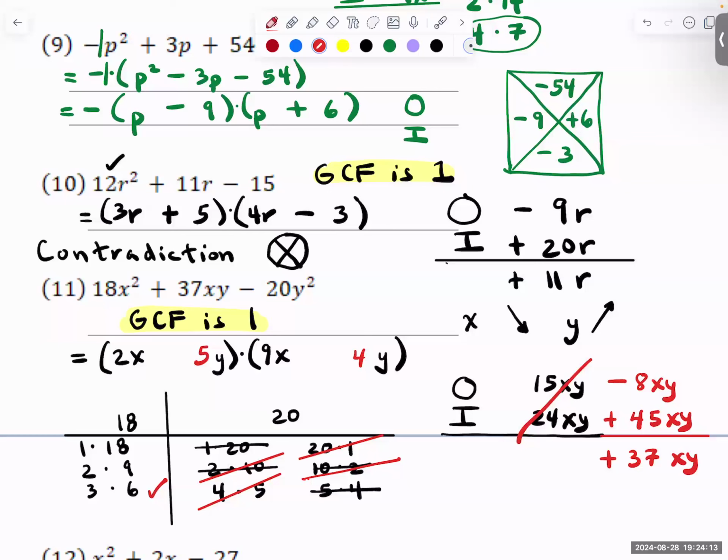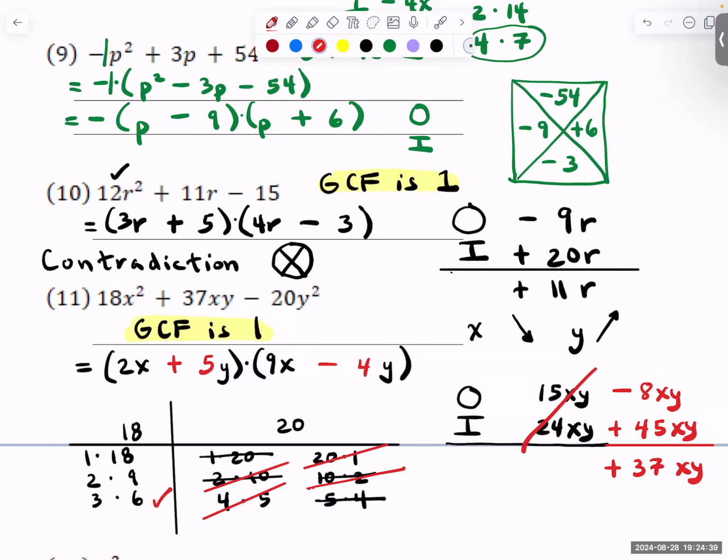So to make plus 45, we need plus with 5y, and we need a minus with 4y to make minus 8xy, and verify that when you FOIL, you do get minus 20y squared. So that checks, and check that the greatest common factor for both binomials is 1, so we cannot factor any further, and that will be our final answer.